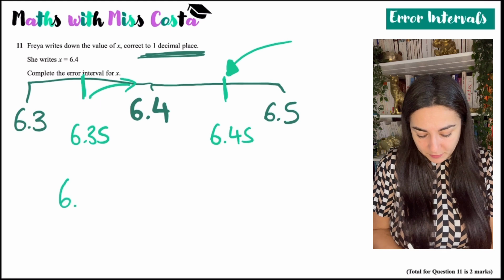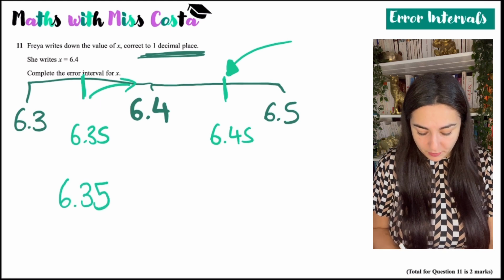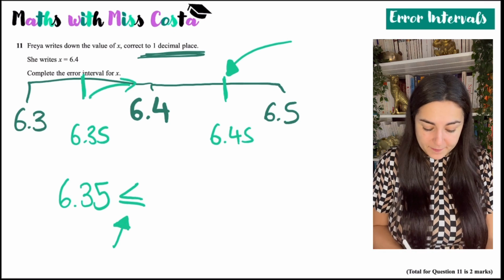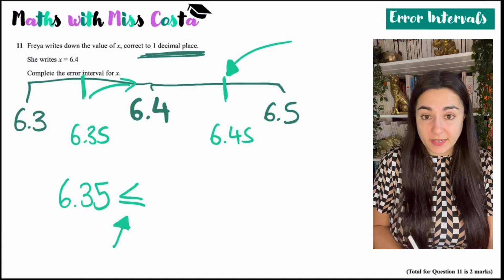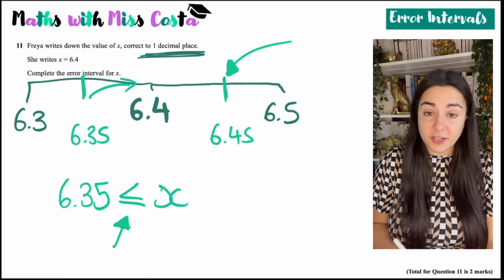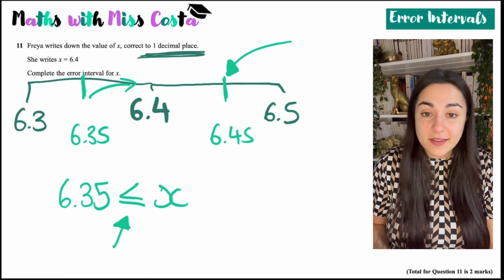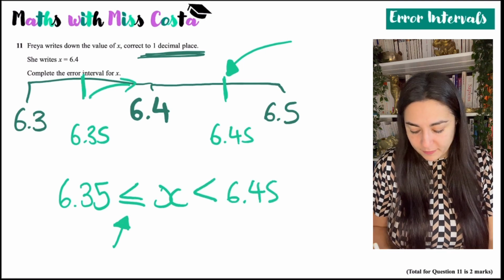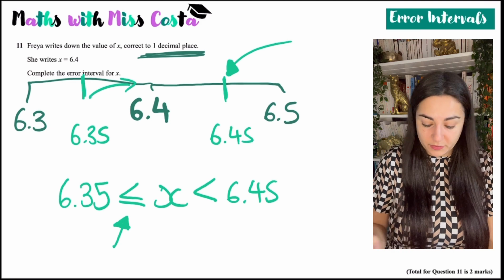So the lowest possible value that x could be is 6.35. And that's why we write that 6.35, and they've given this to you in the exam. I'm just writing it again. 6.35 is less than or equal to x. So x could be 6.35, it could be equal to it, or it could be more than that. But it has to be less than 6.45, because if it was actually 6.45, it would round up to 6.5.